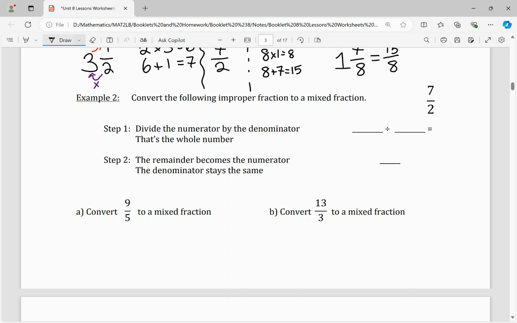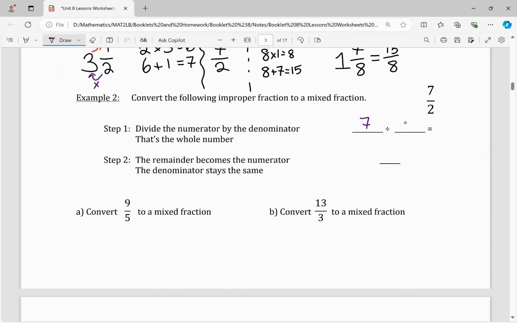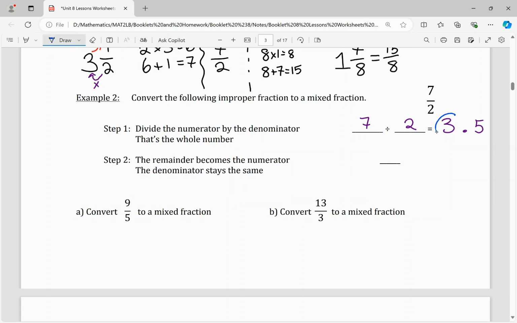If I type 7 divided by 2 into a calculator, I get an answer of 3.5. Now here's the trick. I don't care about the decimal here. I only care about the whole number, which is a 3, because that 3 tells me how many times 2 goes into 7.